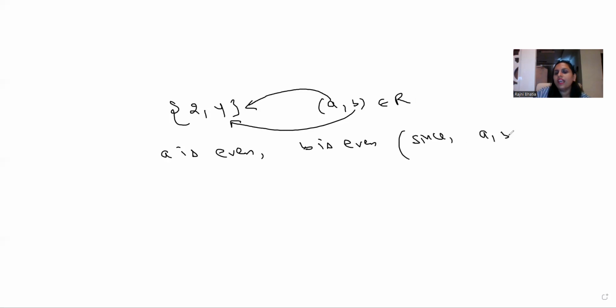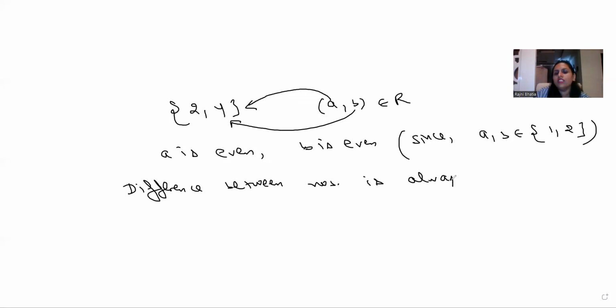Since A and B both belong to {2, 4}, then we will write: difference between even numbers is always even. This implies modulus of A minus B is even.